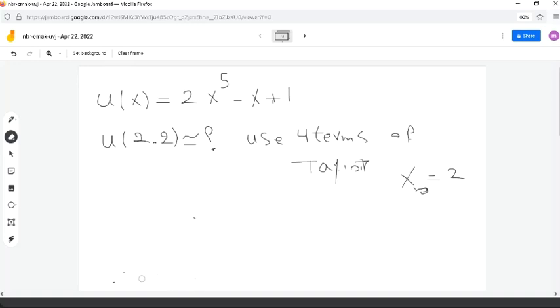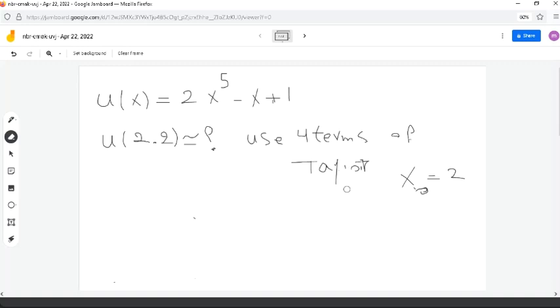Is it okay for you? I say use 4 terms of Taylor's theorem, not 5 terms, not 2 terms, not 3 terms.